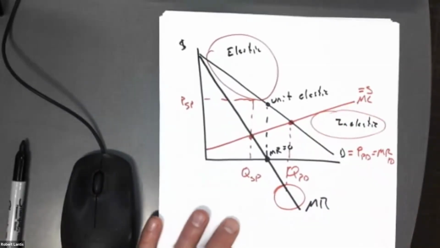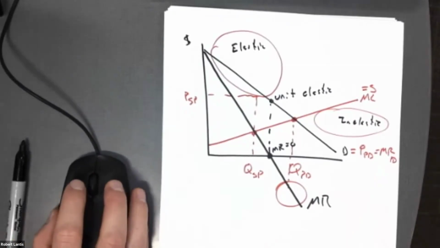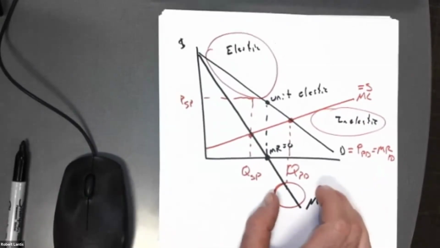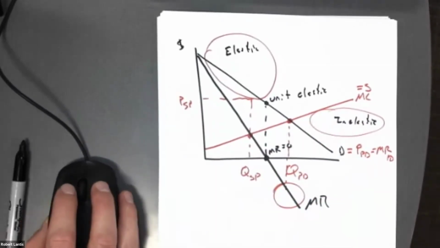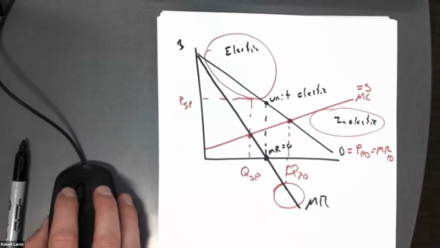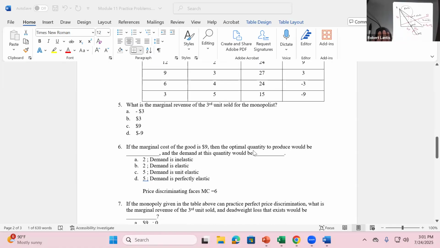So we can see that a perfect price discriminating monopolist can end up on the inelastic portion of the demand curve if the marginal costs are a specific value. It doesn't always have to be the case, but it can be the case. Any questions here before, actually, no, that said, it would have to be the case in the models that we're using.